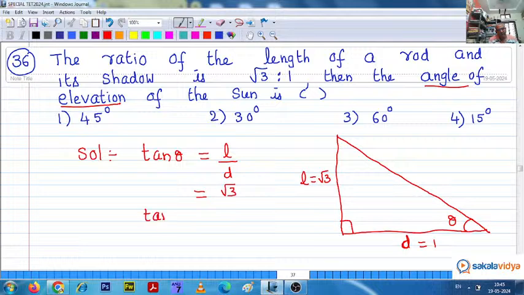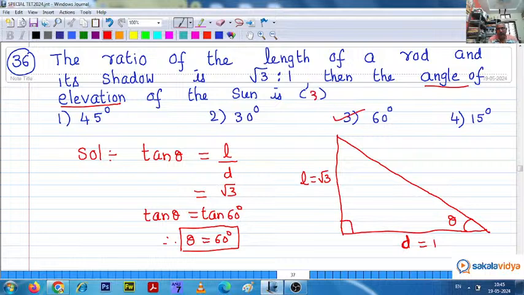So tan theta is equal to tan 60 degrees. Equating on both sides, we get theta is equal to 60 degrees. That is the angle of elevation of the sun or the sun's altitude. So the third option is the right option.